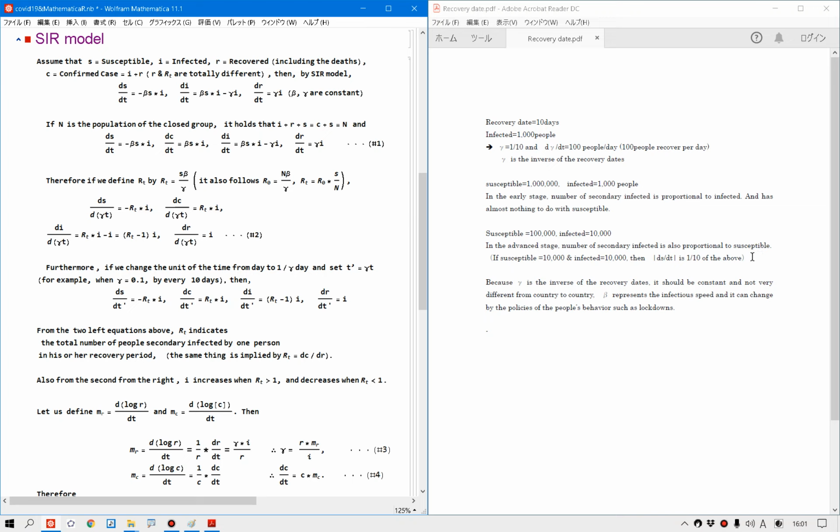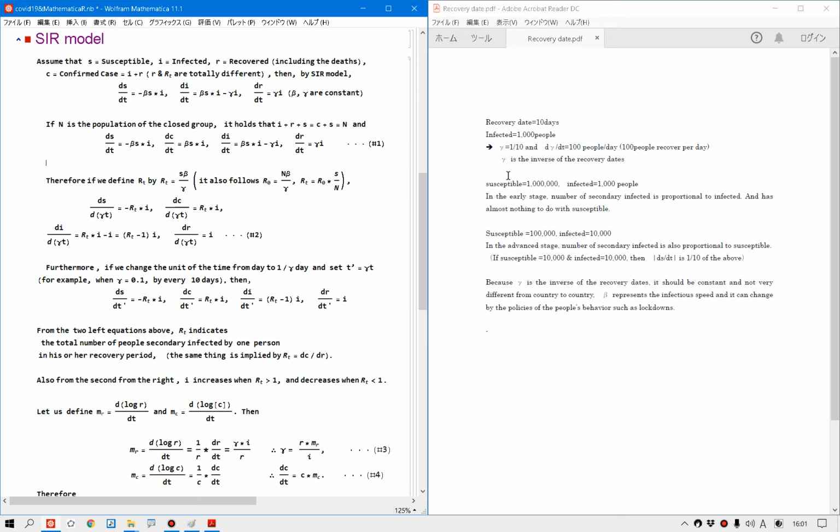I can understand that if susceptible is 1/10, dS/dt is less than the above. That I can understand. But they say that it's 1/10. I think that is too much. But anyway, that is their equation. And because beta represents the infectious speed and it can change by the policies and people's behavior, such as lockdowns, gamma is more solid, more stable, more constant.